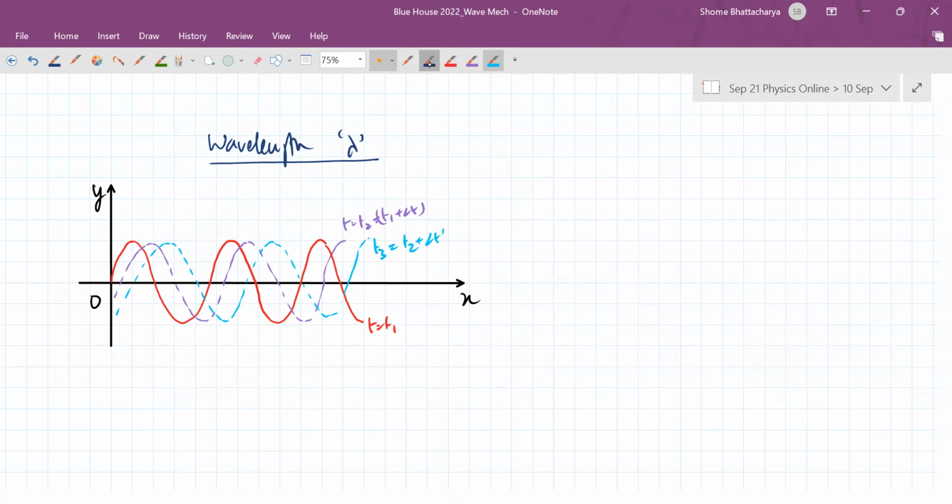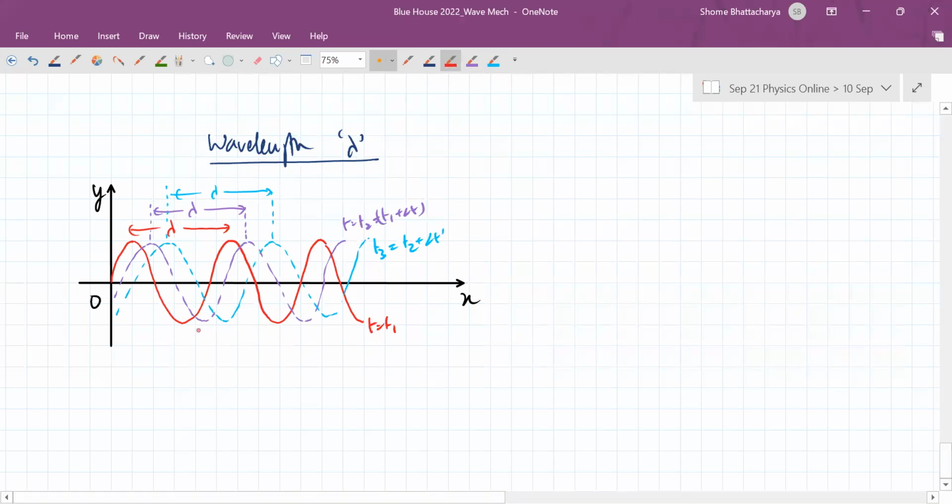So we can see that the distance between two crests always remains constant as the wave shape travels. So that's one way to define the wavelength. This distance is always remaining constant.